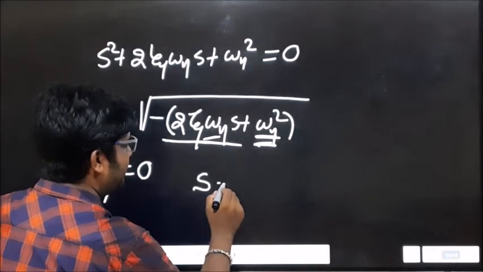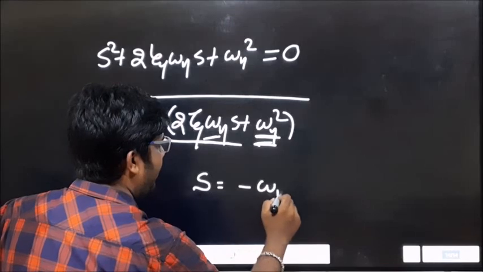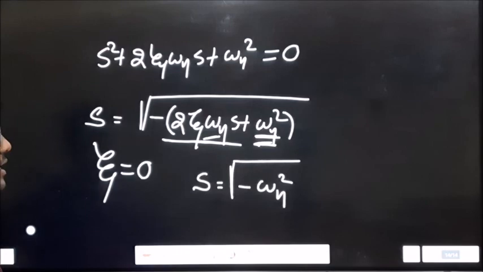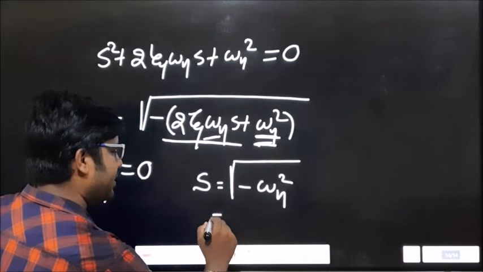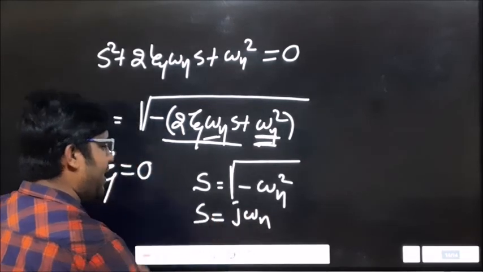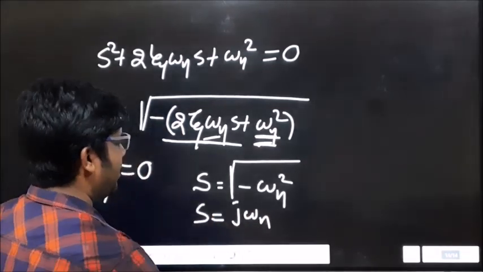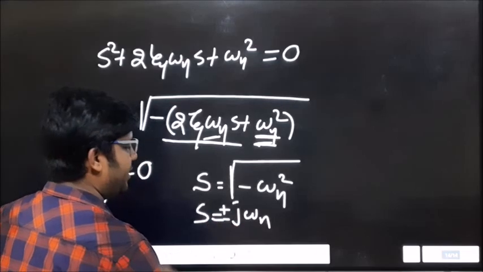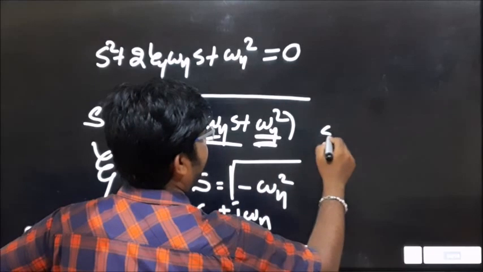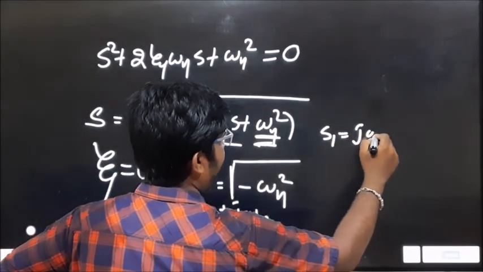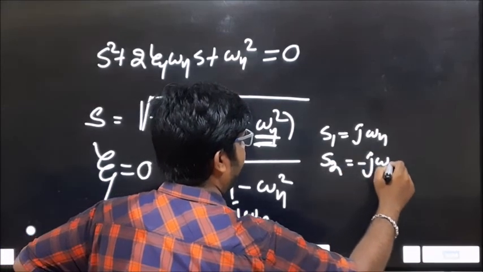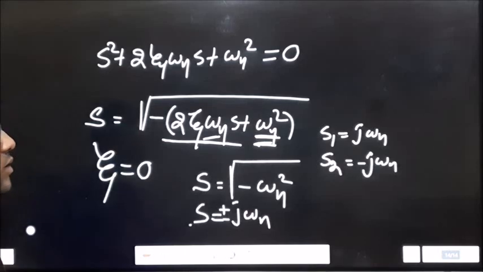So s becomes the square root of minus omega n square. Clear? This can be reduced to j omega n, so s is equal to plus or minus j omega n. So I have two poles, s1 at j omega n and s2 at minus j omega n, a pair of complex poles.